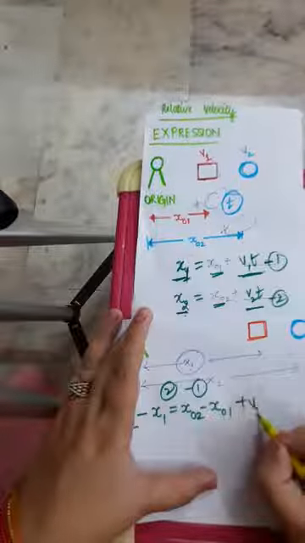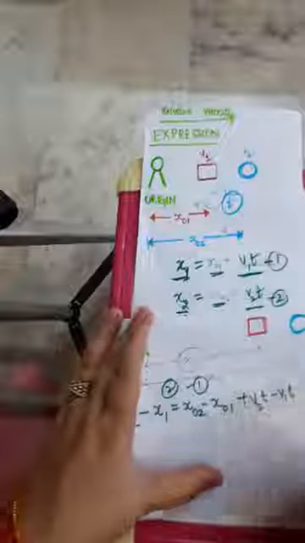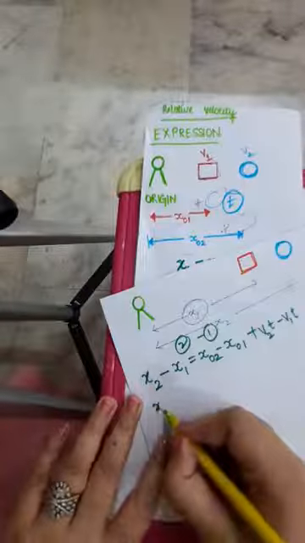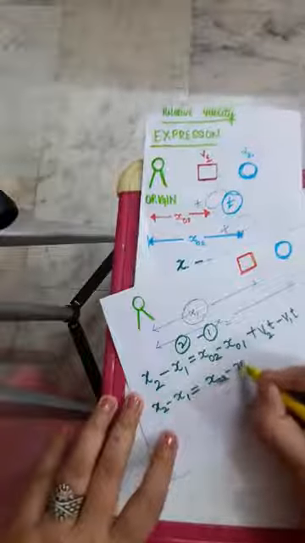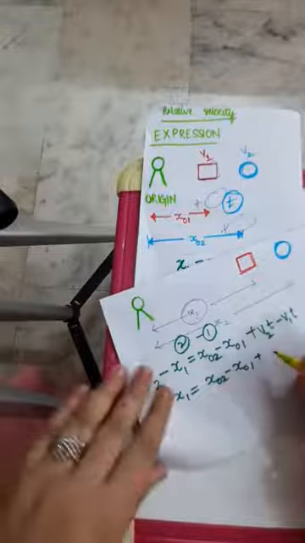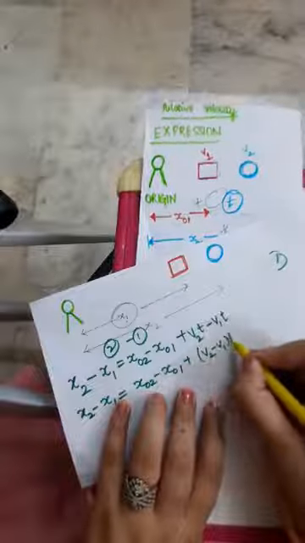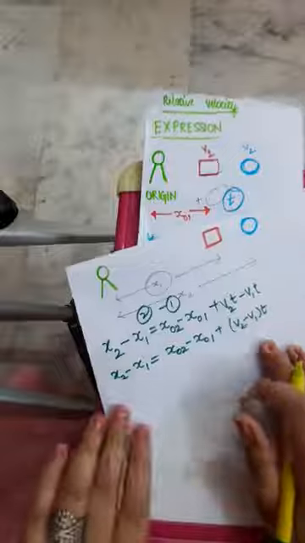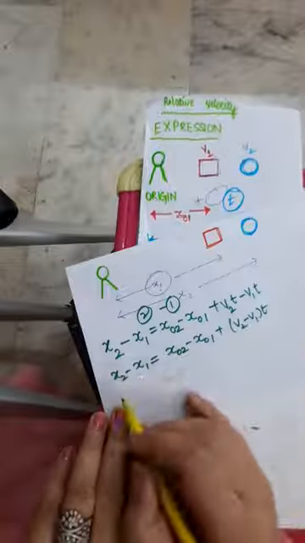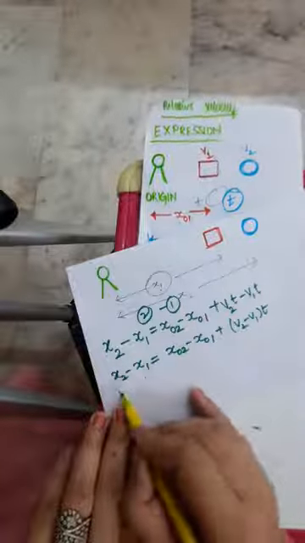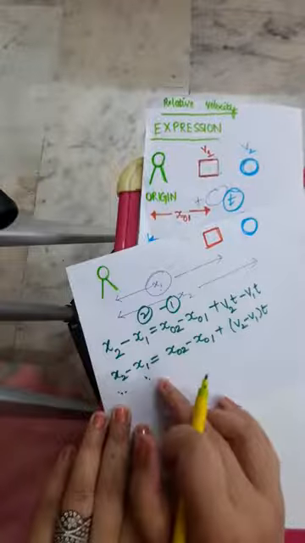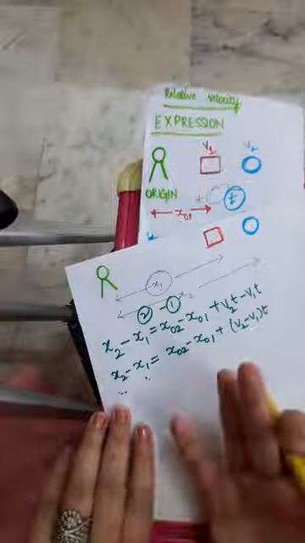So this is v2t minus v1t, and x2 minus x1 equals x02 minus x01 plus t common, (v2 minus v1)t. Can you see that this x2 minus x1 is the relative separation between both the objects after time t?